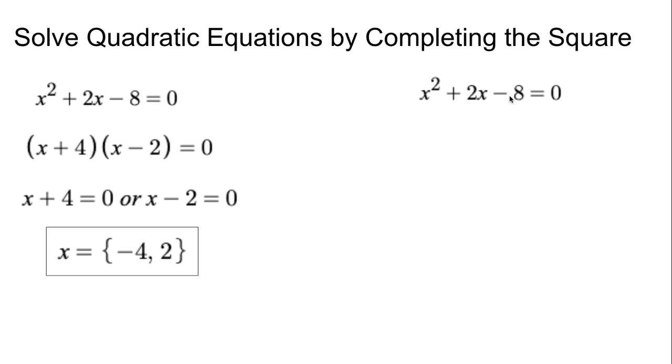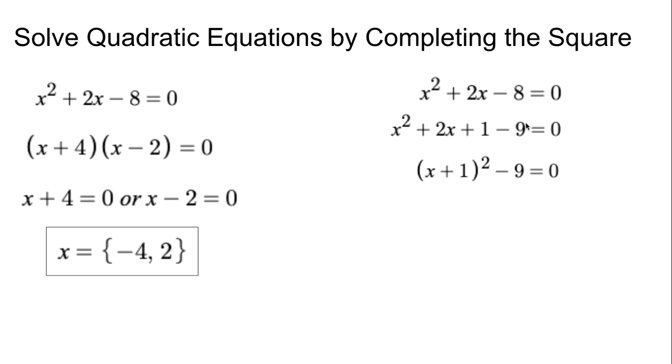But I have a negative 8. So what I have to do with this expression is add 1 and then subtract 9, so that, again, I'm splitting this minus 8 into a plus 1 and a minus 9 so that I have my perfect square and then some constant term.